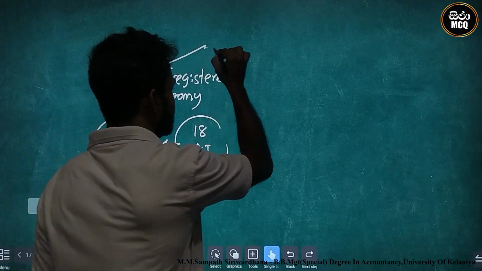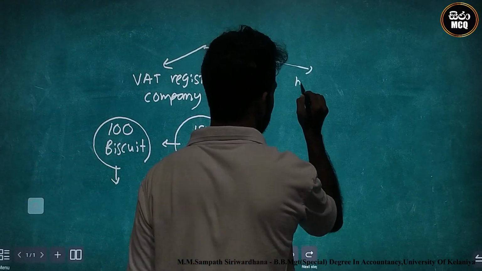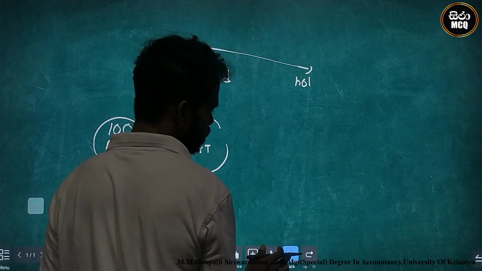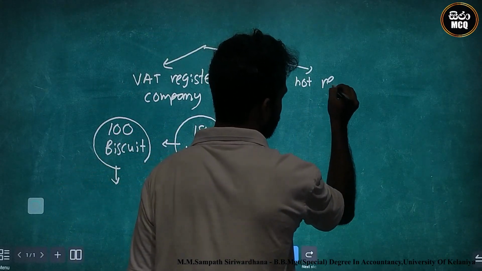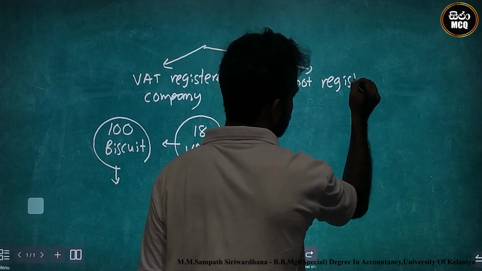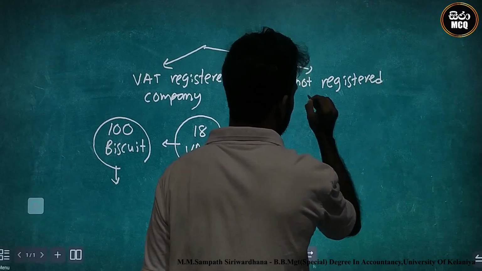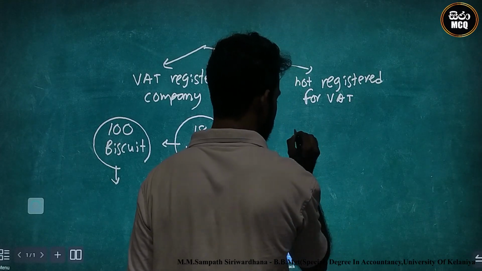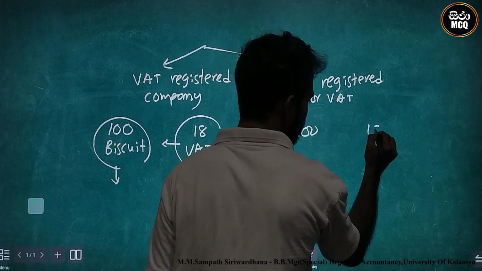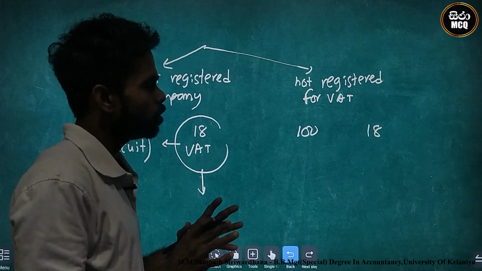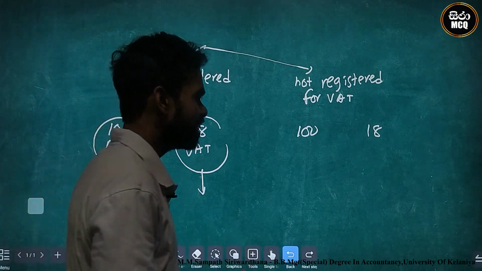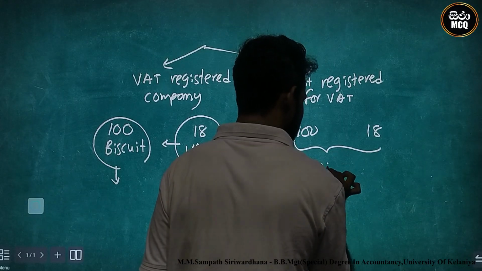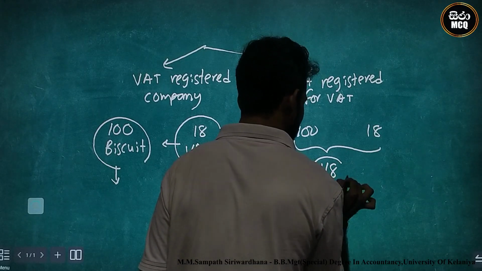Okay, but if not registered for VAT, there is a biscuit of 100 and VAT is 18. There is a company not registered for VAT. In that case, we must identify the biscuit as 118 with VAT.